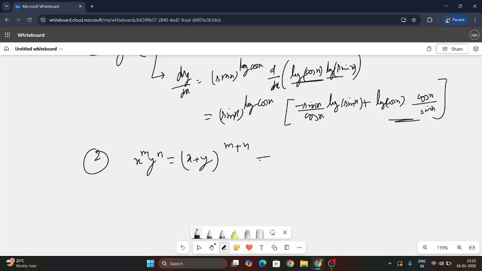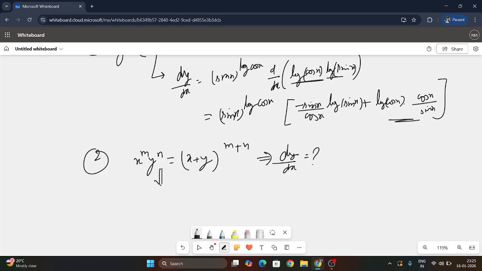Okay, and we have to find out the dy by dx of this question. Okay, so let's try it. Now in this question, if you don't take log, then you can also solve. It's okay, not a big problem. But if you take the log, it's really going to be very easy.